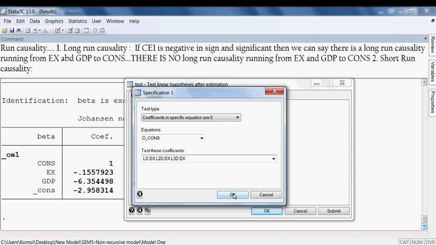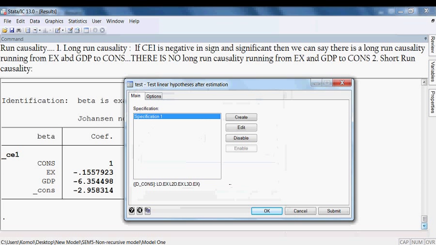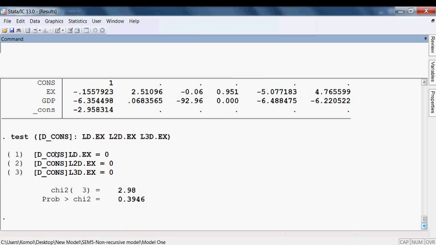I press OK, and then I press OK. Okay, here is the hypothesis we set, right? You can check, you can see LD.EX is 0, 0, 0, right? Okay, and the chi-square value and the probability is this one, right?